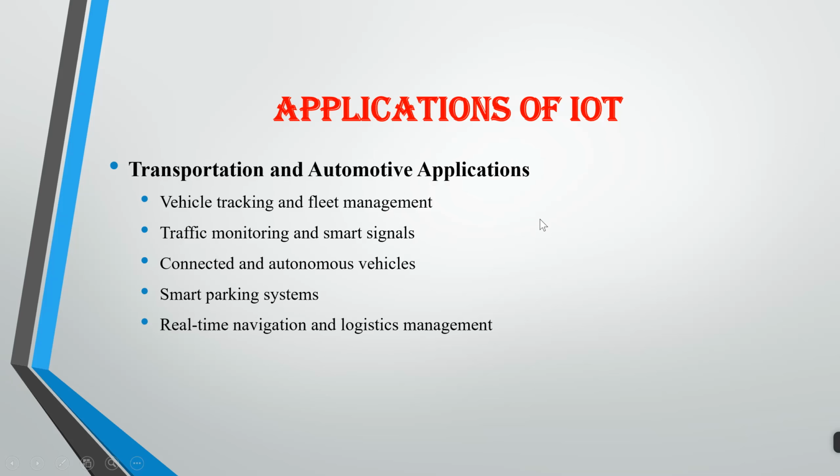Now coming to transportation and automotive applications. IoT plays a very important role in transportation. Every vehicle is connected with an IoT device, and that device can be tracked. Fleet management is one very important activity.